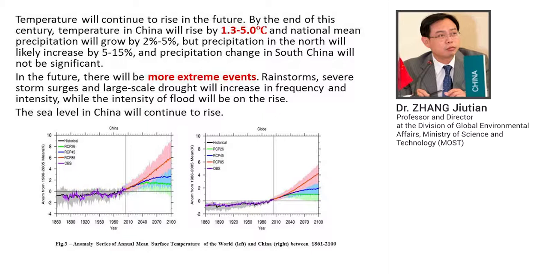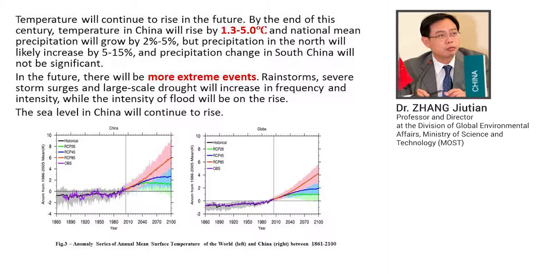But the distribution of the precipitation will vary in different regions in China. In the north, it will likely increase 5 to 15%, but in the south, the change will not be significant.